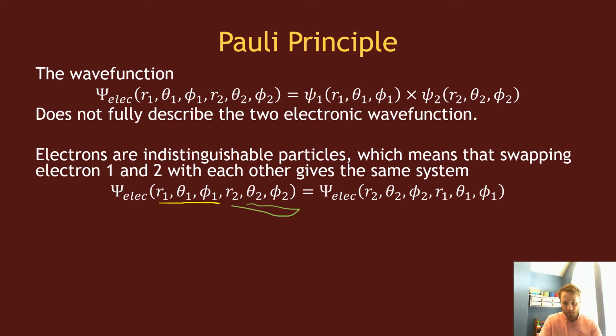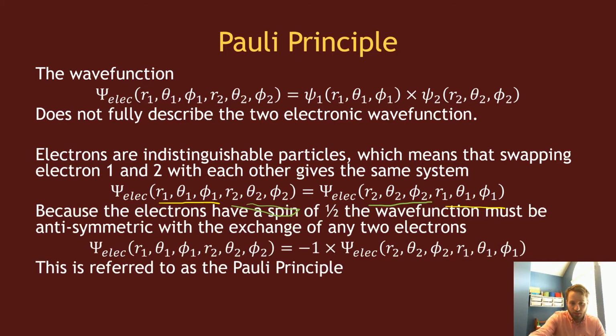In this case, I've just changed my labels: R1 is now being called R2, and R2 is now being called R1. I've just changed the labels for the wave function, and for fermions, for electrons, that wave function needs to be anti-symmetric.